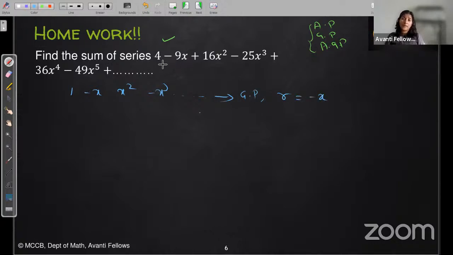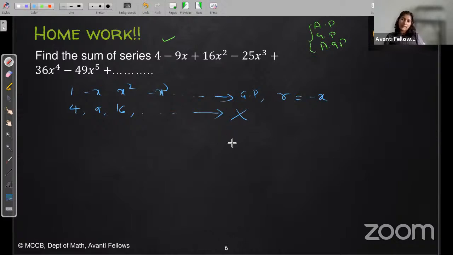But when you observe the coefficients of these x terms, that is 4, 9, 16, these are neither AP nor GP, correct? Here the common difference is not the same. The difference here is 5 and here the difference is 7 and so on. It's not the same. It's changing, right? So these are not AP. So this is neither an AP nor a GP.